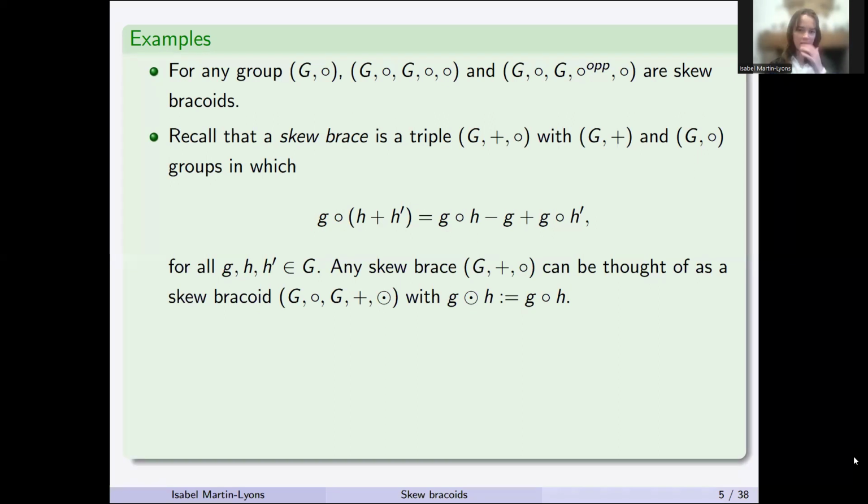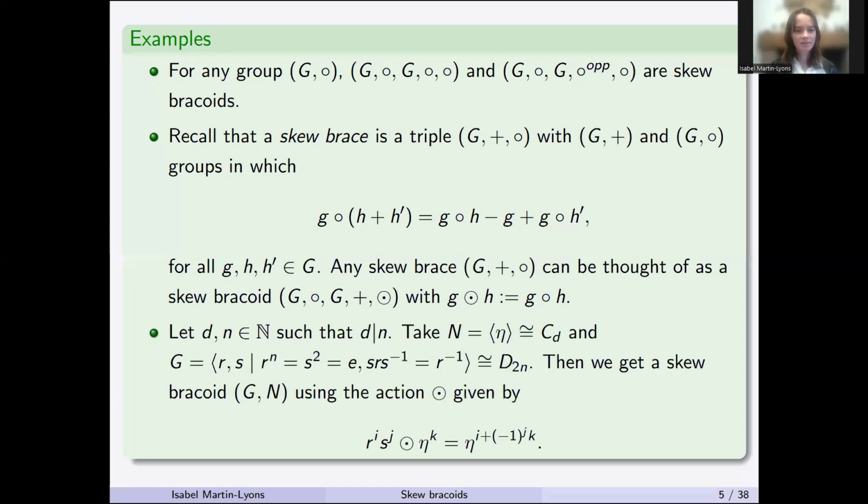You can see how this relates to the relationship on the previous slide, but we don't have to worry about projecting into the additive group because we're in the same underlying set in a skew brace. So any skew brace can be thought of as a skew bracoid if we just add in a bit of superfluous notation: the action is really the multiplicative operation.